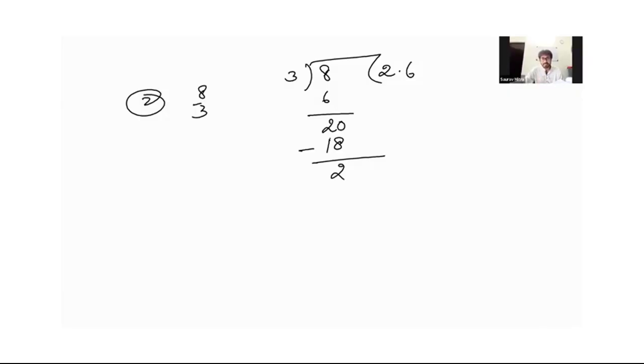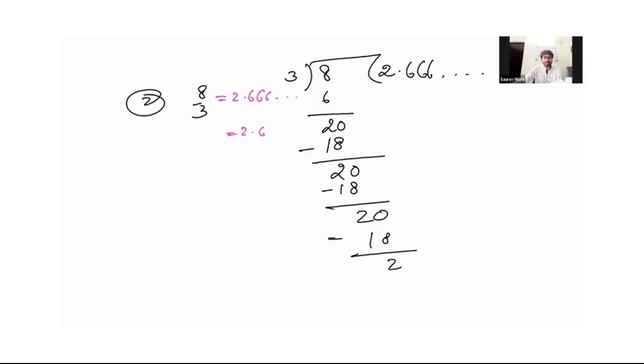Next again 20. After the decimal we can take as many zeros as needed. Again from the table of 3, 20 is not divisible, so we take 18, 6 again, so the remainder is 2. This step is repeating like this. We will not get our remainder as 0, so this will go on. So 8 by 3 is represented as 2.666 and so on, that is 2.6 bar.